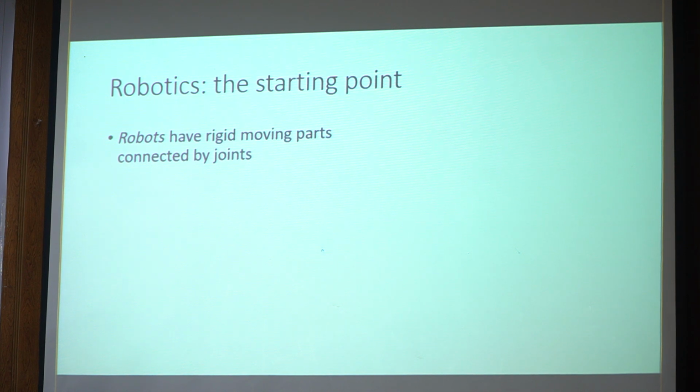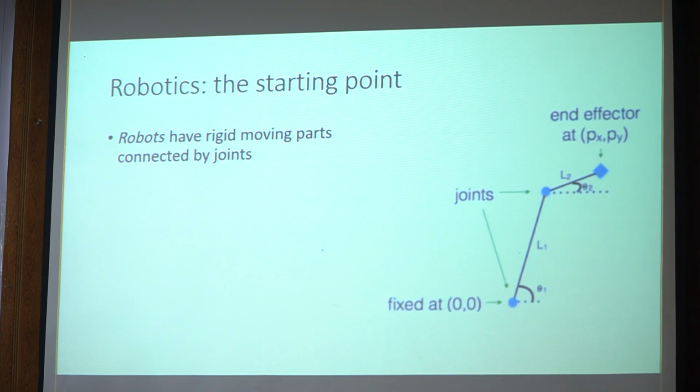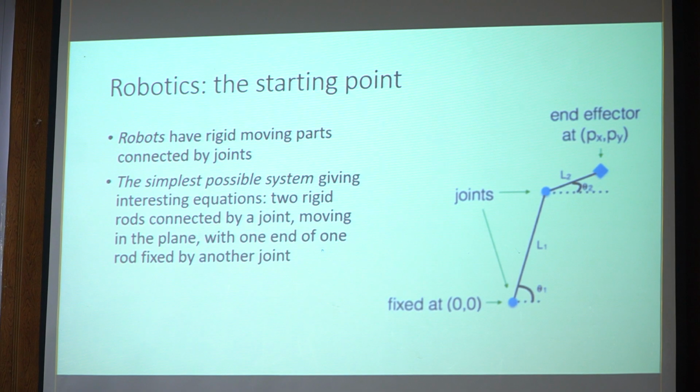So what's a robot? A robot is rigid moving parts connected by joints, right? Something like this, just the simplest possible idea. You might have a 2-dimensional robot, you fix a point here, you have some joint, joints are free to move, and then you have some fixed rods, and then you have this thing called the end effector, so some kind of robotic arm. So the simplest possible system: two rods connected by a joint moving in the plane.